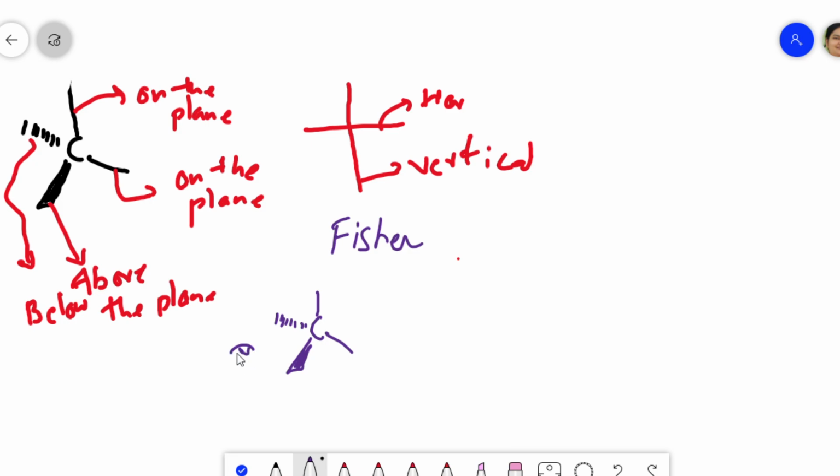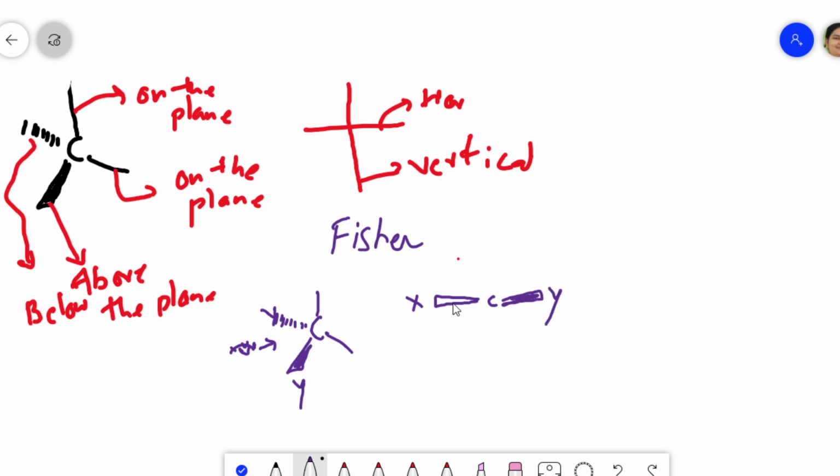This is your normal eye, and if you are observing from this direction, the bonds that are appearing first, you will try to represent like this. So this is the left hand side bond, and this is right hand side bond. If I keep some x over here, x comes over here, and if I keep some y over here, the y comes over here.